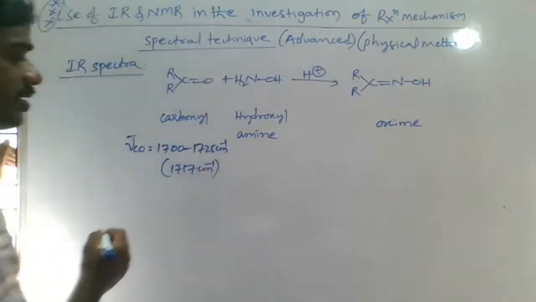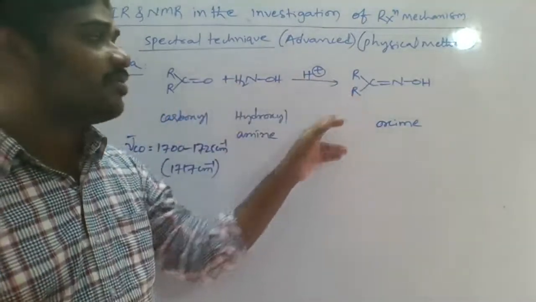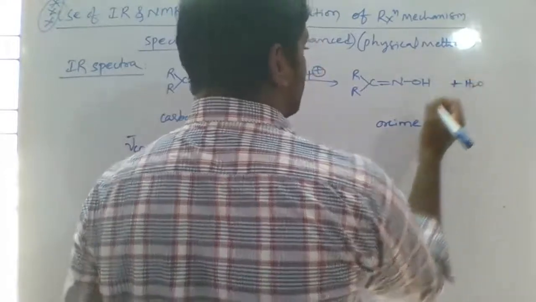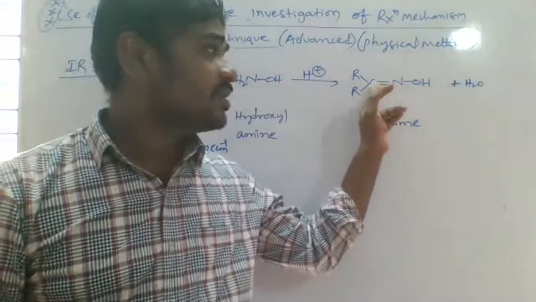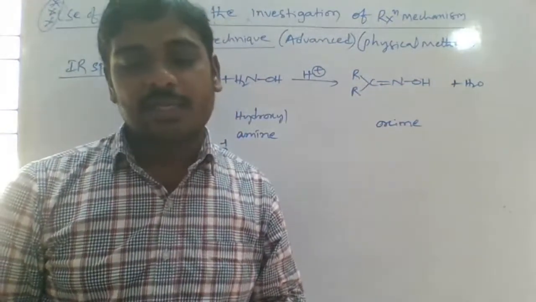So this region is the stretching frequency given by the starting material. After completion, the oxime and water as a byproduct are formed. So here the C double bond N does not appear in this region.